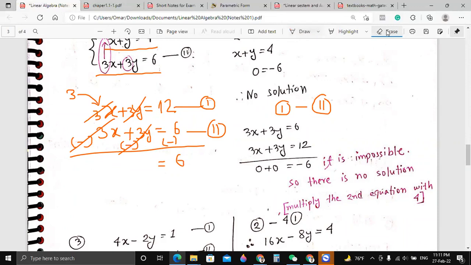Or we can do the reverse. We can do equation 2 minus 1, okay? We can subtract the first equation from the second equation.